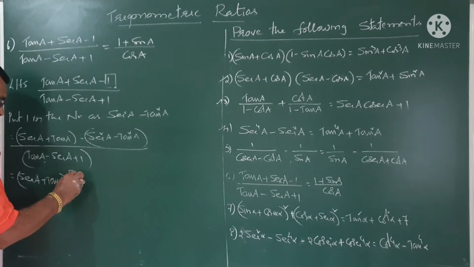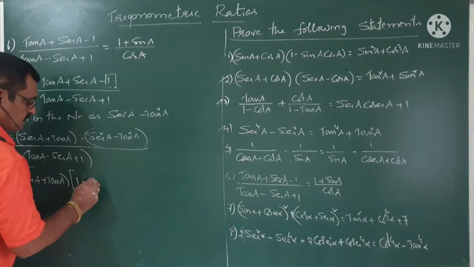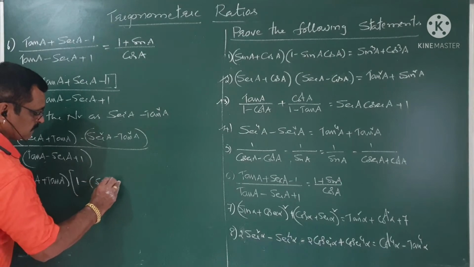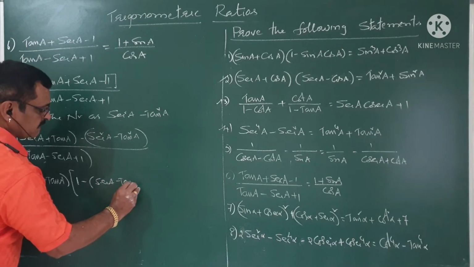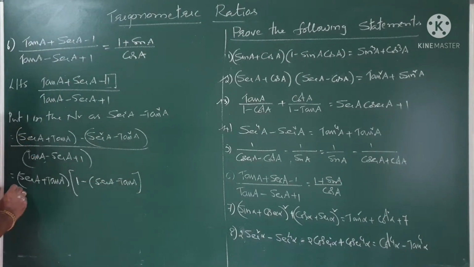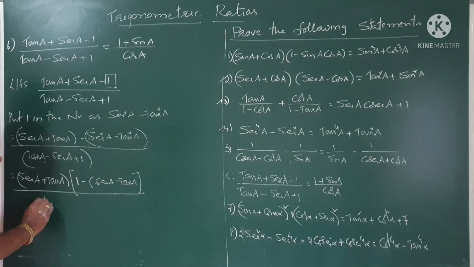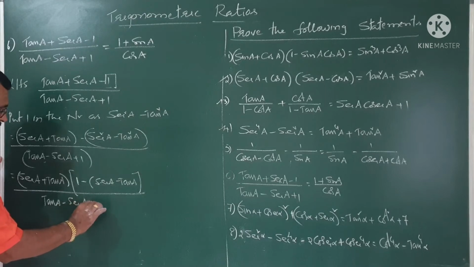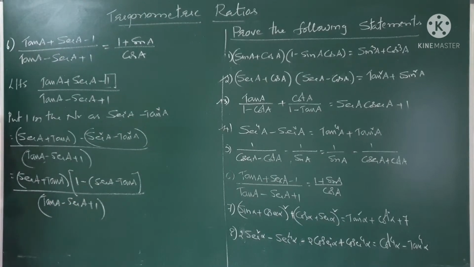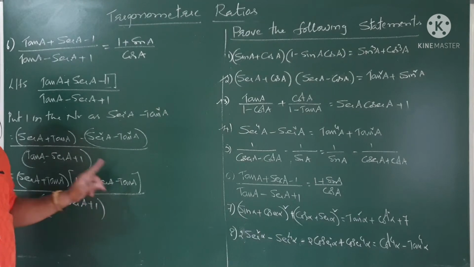From the first one, I get 1, minus, from this one, I get secant a minus tan a, by tan a minus secant a plus 1. Now, if you observe carefully, this is 1 minus secant a plus tan a.